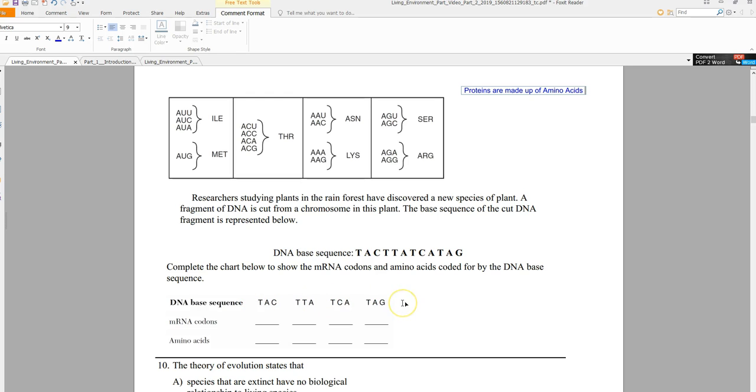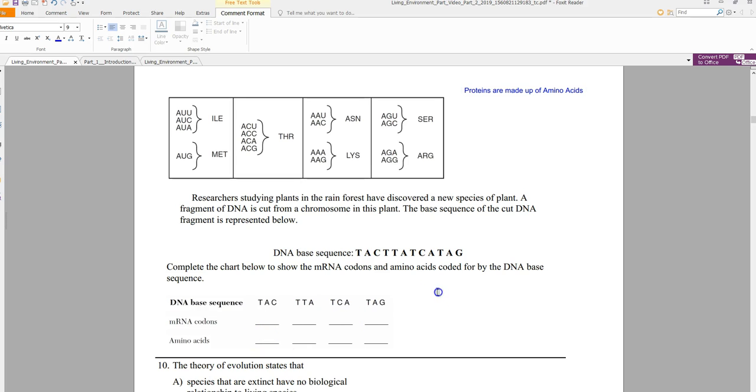DNA is a double helix, but it unzipped and we only have one side of it. DNA has to make a copy of itself in order to leave the nucleus and make its way to the ribosome. That copy is called the messenger RNA. The messenger RNA is also going to have A, C, G, but instead of a T, it's going to have a U, uracil.